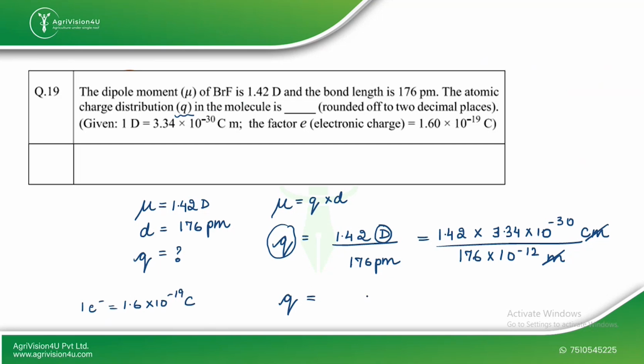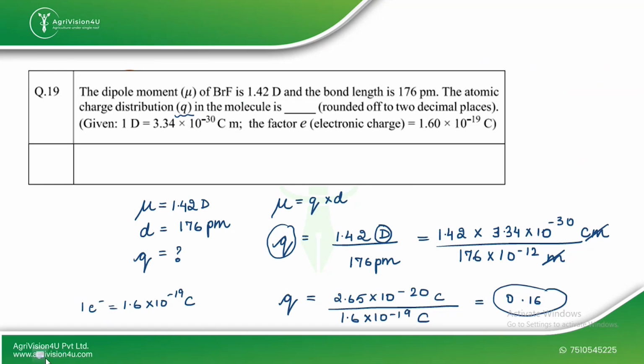And we have to calculate the atomic charge distribution. So I'll simply solve this equation. After solving, I'll get 2.65 into 10 raised to the power minus 20 coulombs. I'll divide that entity by 1.6 into 10 raised to the power minus 19 coulombs, and then I'll get 0.16 as the answer. So this will be the atomic charge distribution in the molecule.